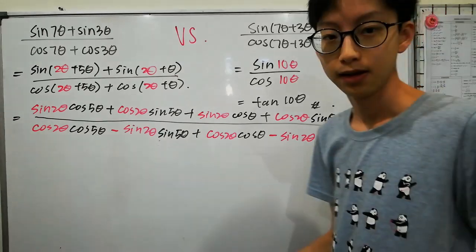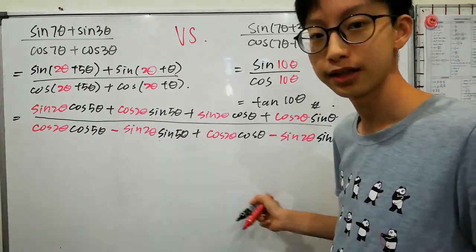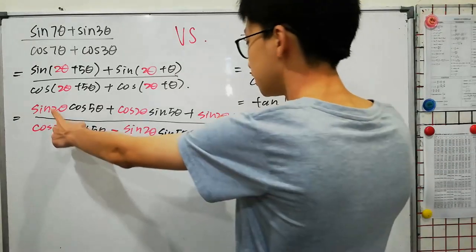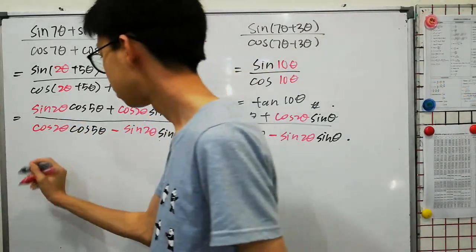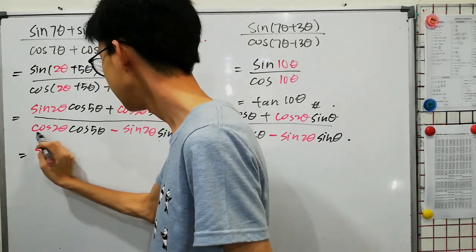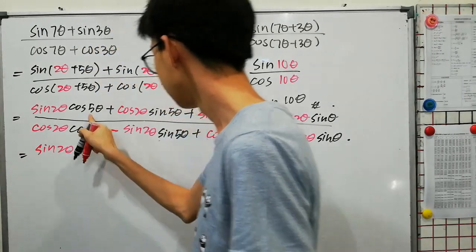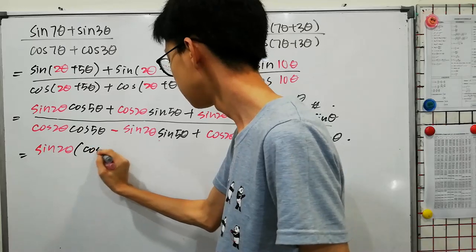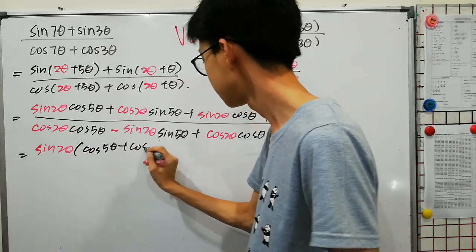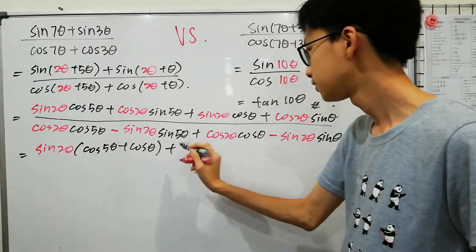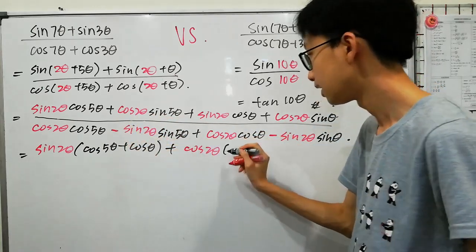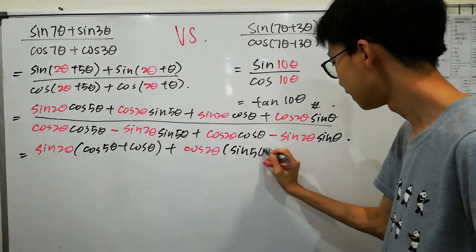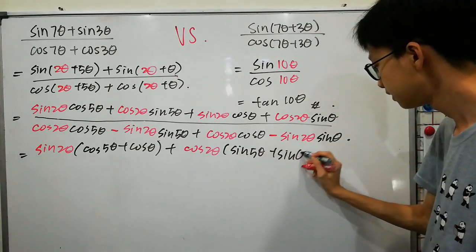Next, we factor out all the red terms. On top, we will factor out sine 2 theta and cos 2 theta. So it will be sine 2 theta times cos 5 theta plus cos theta, plus with these two, cos 2 theta times sine 5 theta plus sine theta.